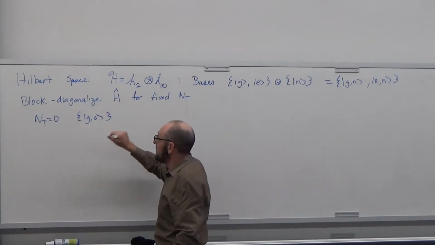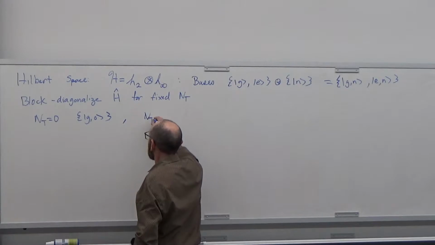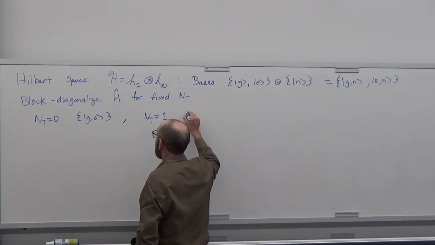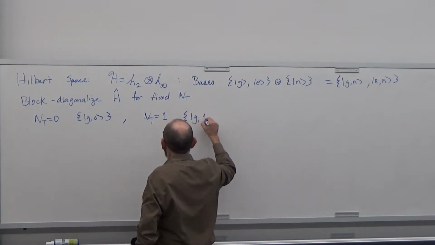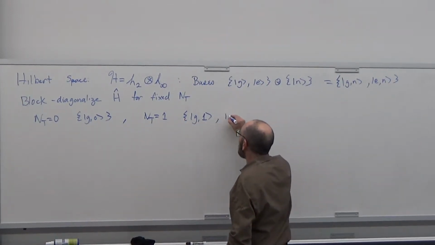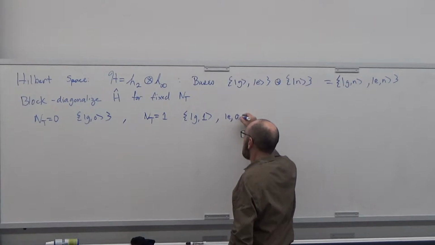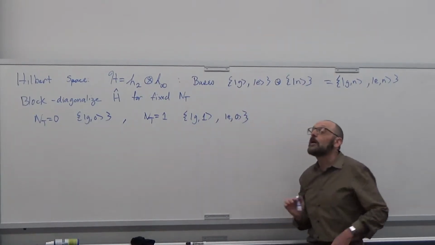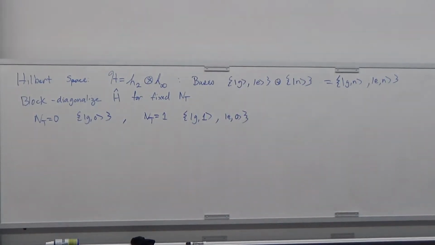That's 0 excitation. I have 1 excitation. Well, that could be 1 photon in the cavity, atom in the ground state, or atom in the excited state and no photons in the cavity. That has 1 total excitation. That excitation might be in the atom or in the field.